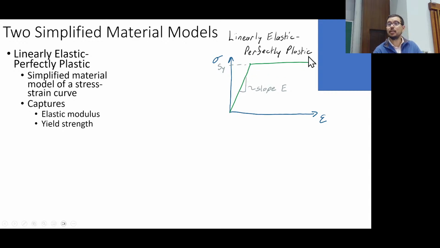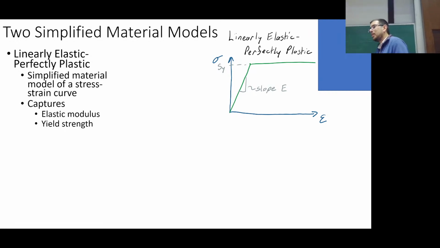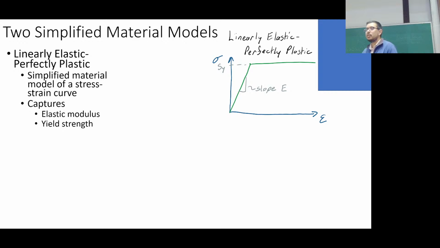Perfectly plastic means that the material, almost unrealistically, but good enough for many of our purposes, keeps stretching as long as you keep applying the same amount of stress. Once you go plastic, it's like bubble gum that you're pulling out of your mouth. You don't have to apply more force. You just keep applying displacement with the same amount of force, and it just keeps stretching. That's perfectly plastic.